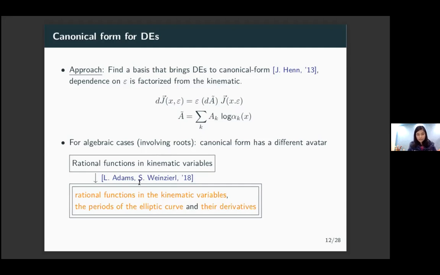This is where you start, and it is very complicated if you don't do this, naively speaking. You want to factor out this epsilon so you can integrate them iteratively from the highest sector to the lowest sector. To do that, you want to have this canonical form, for these algebraic cases.